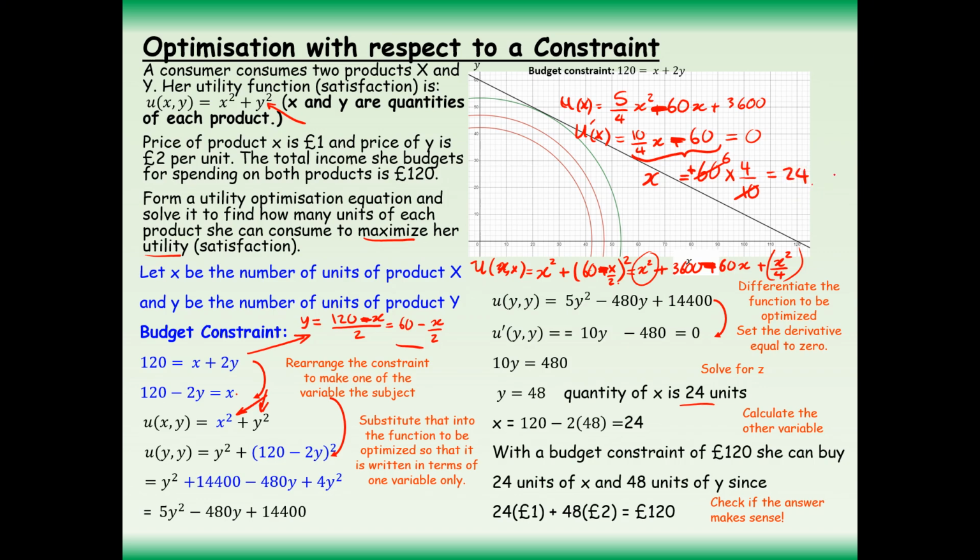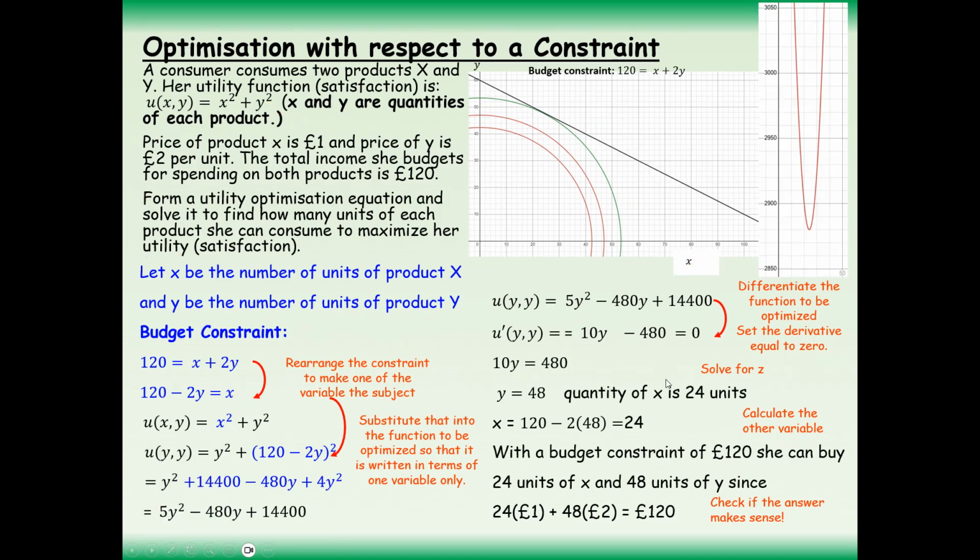This confirms our result. We would have got exactly the same value of x. Okay, so I showed you how to do it in two different ways. You can rewrite the budget either in terms of x, and rewrite the utility function either all in terms of x or all in terms of y. Just do one of them, and that will solve your problem.